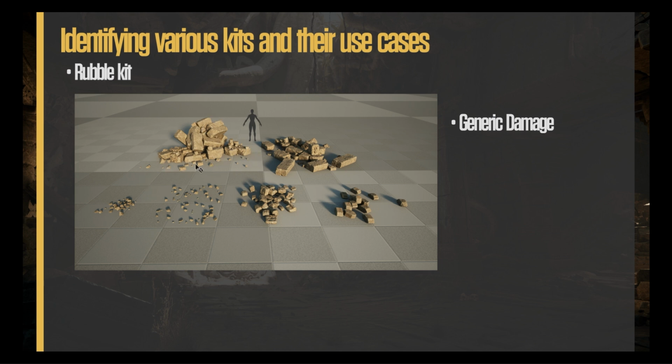The bigger rocks and bigger rubble are at the very center, and as you fan out, you have some of the smaller stuff to blend it out a lot better. The same thing happens here. The use case of a rubble kit is usually generic damage, and trying to bring out the overall sense of damage and destruction.